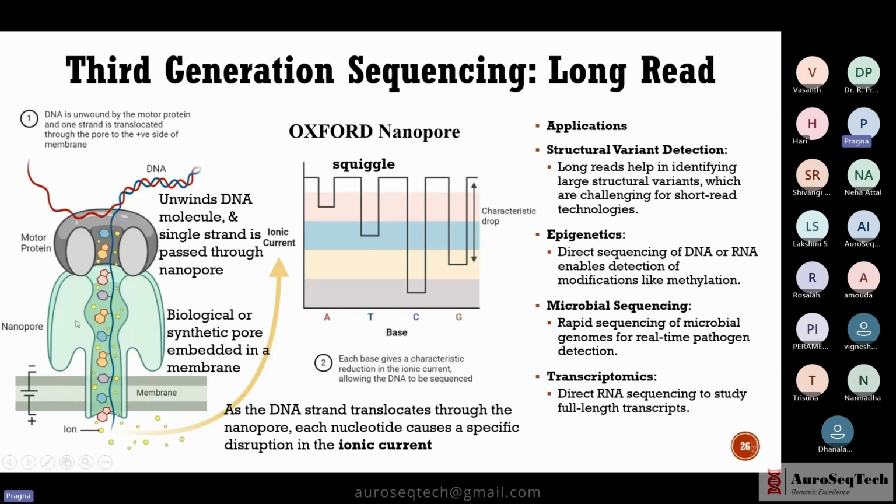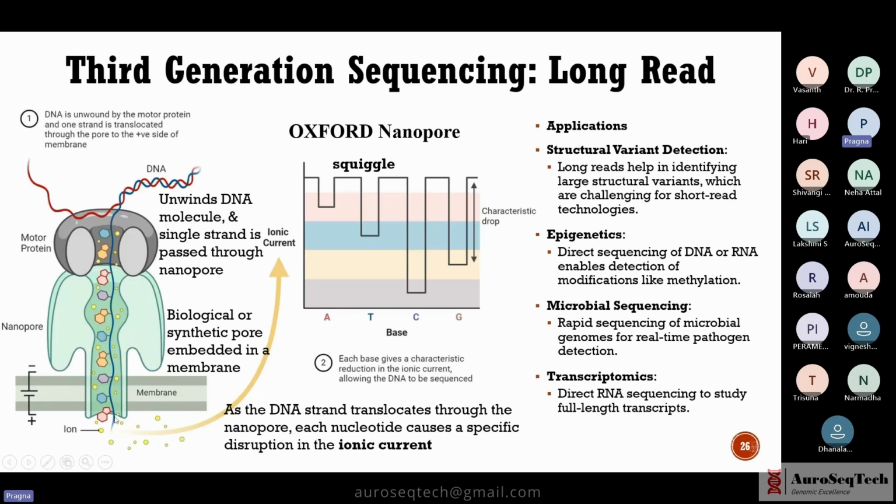So here for sequencing, we have a biological or synthetic pore that is embedded in the membrane. This nanopore is attached to a motor protein, which acts as a helicase. It unwinds the DNA, and the single-stranded molecule passes through the nanopore.